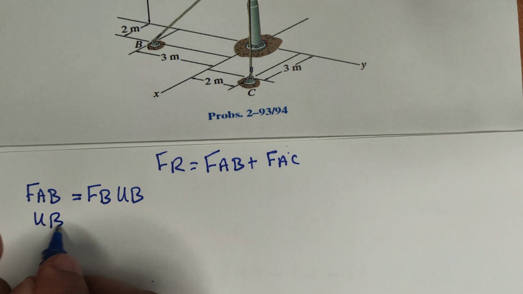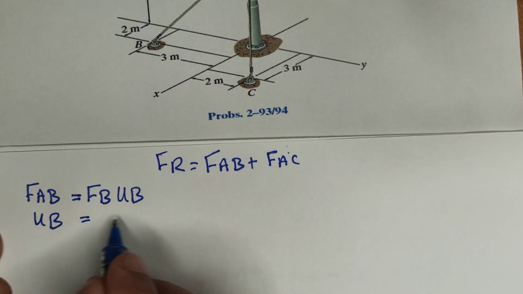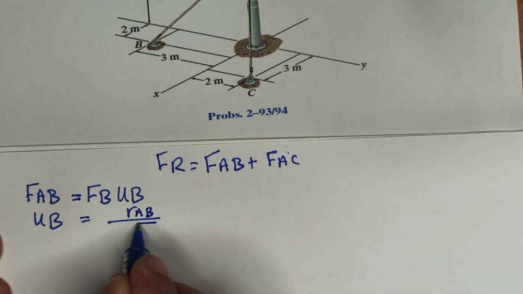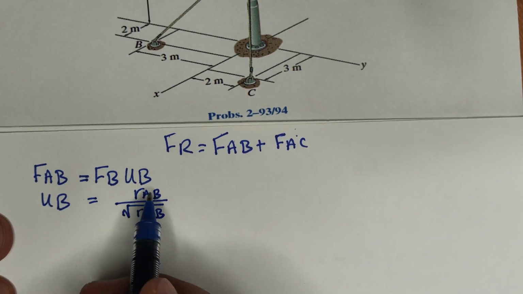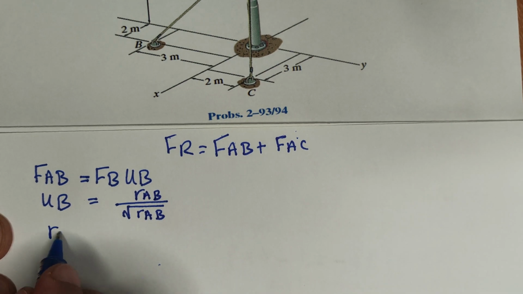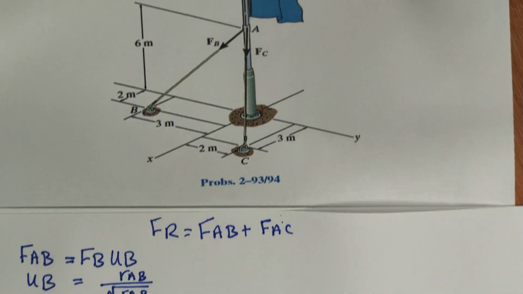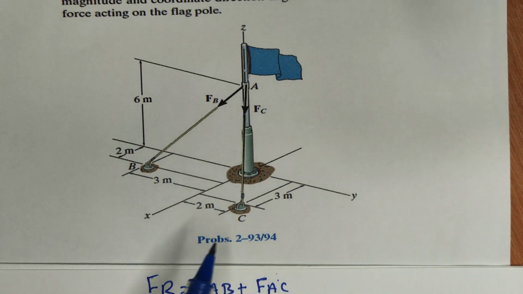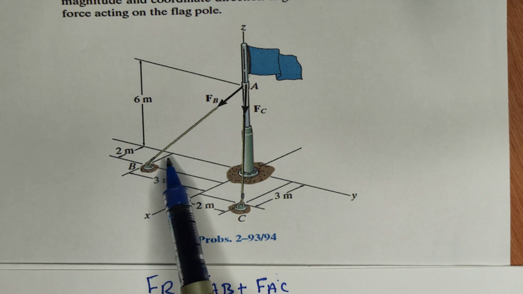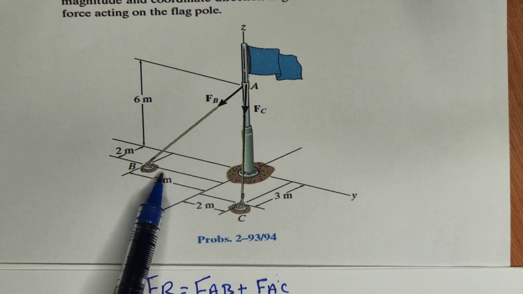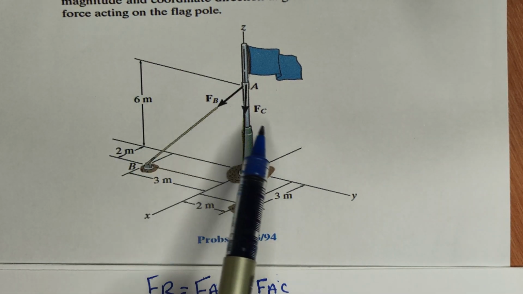The unit vector UB is equal to the position vector RAB divided by the magnitude of that position vector. Finding the position vector RAB first, when we look at this diagram, it is 2 meters on the positive x-axis, 3 meters on the negative y-axis, and 6 meters on the negative z-axis.